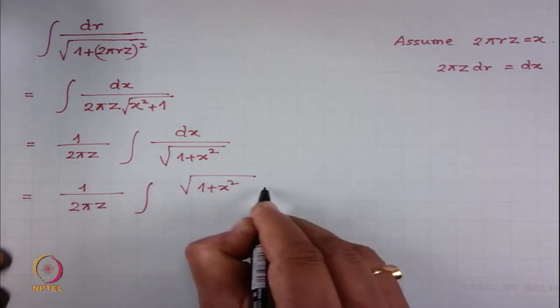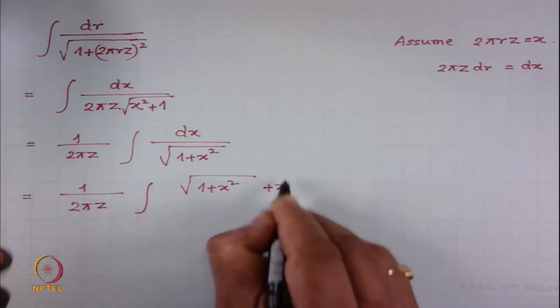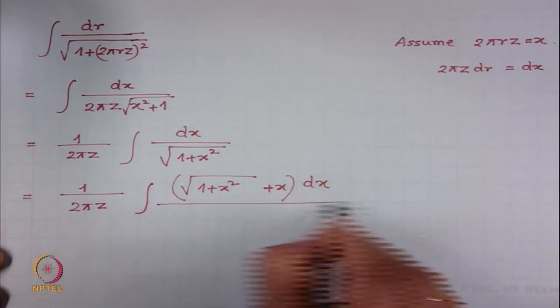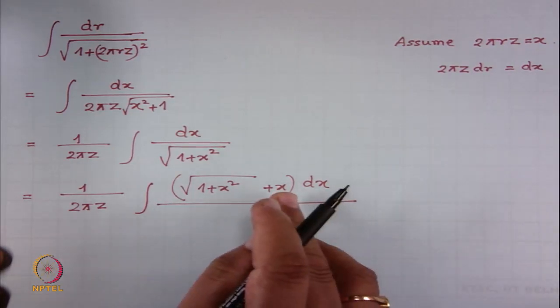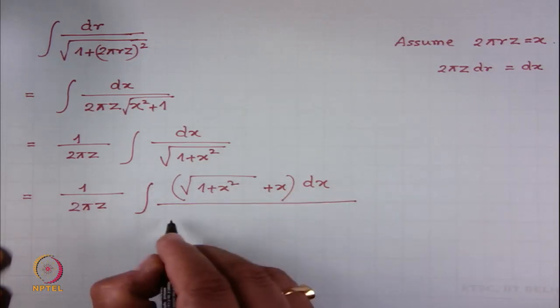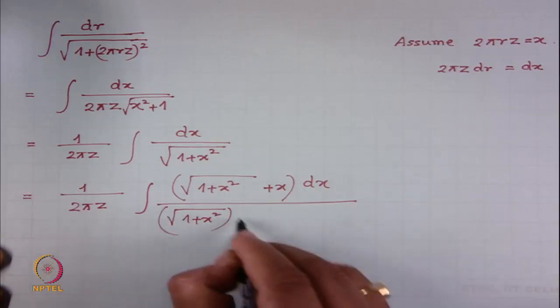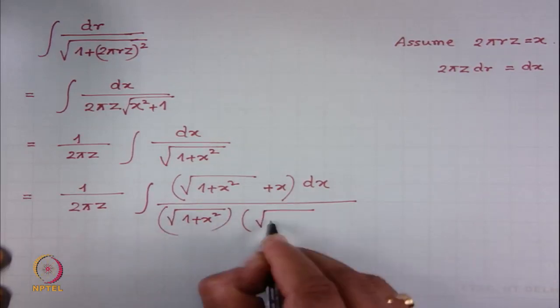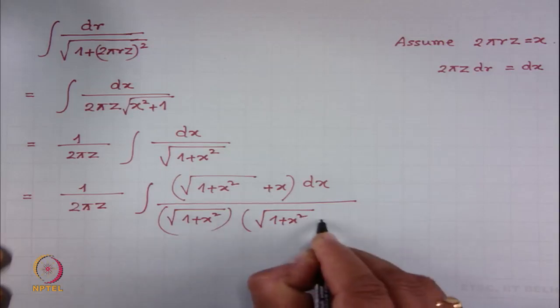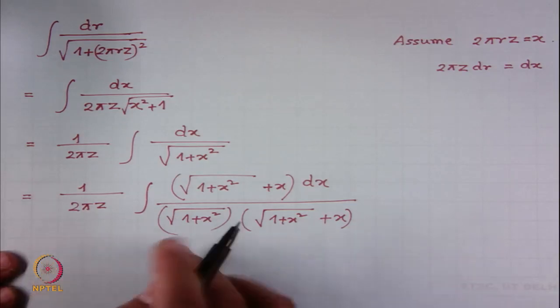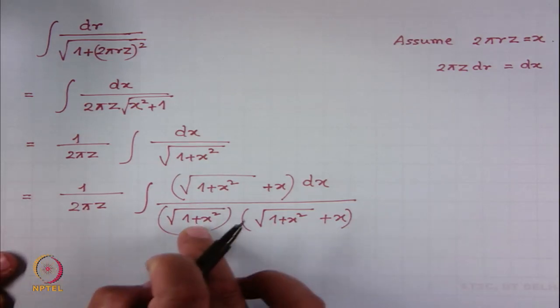Let us multiply by this in the numerator, we must do the same in the denominator also. Right. Now, we can further divide this by this quantity.